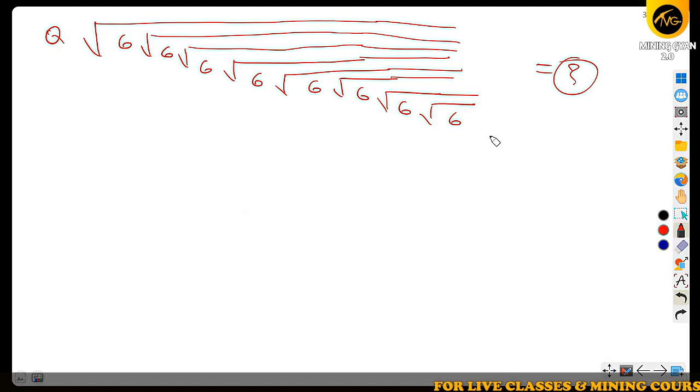In this type of question, there is only one calculation, that is 2 into 2 into 2. In this case, 2 into 2 goes on 8 times. That means 255 divided by 256. Right?